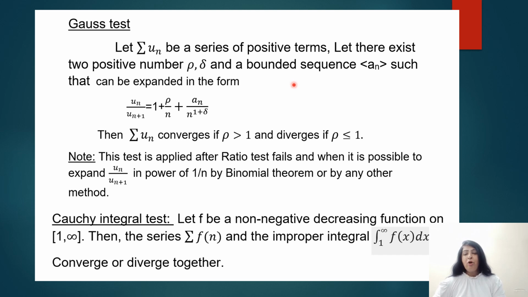Next you have the Gauss test. In the Gauss test, generally in all the tests we are using un as a series of positive terms.